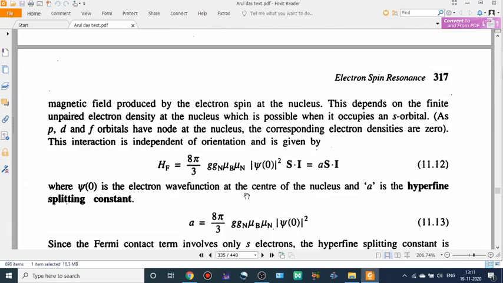This interaction is denoted by these terms here. Psi of 0 is the electron wave function at the center of the nucleus, and A is the hyperfine splitting constant.